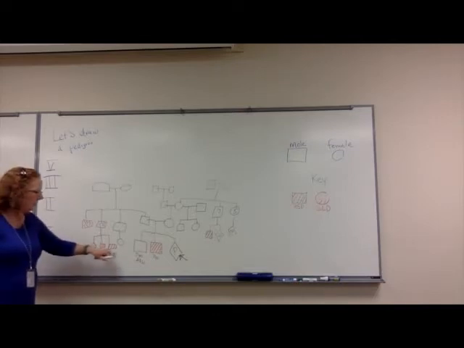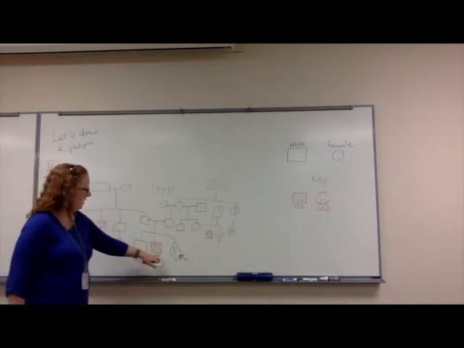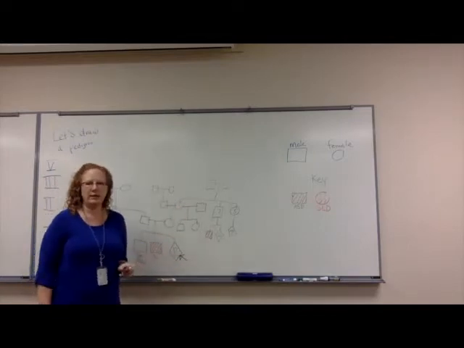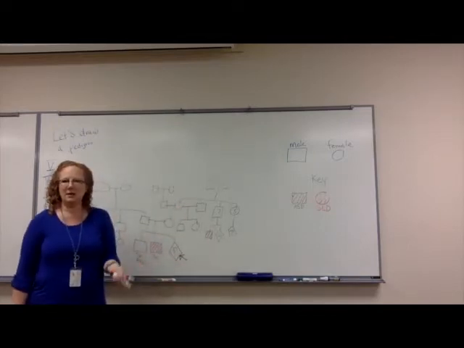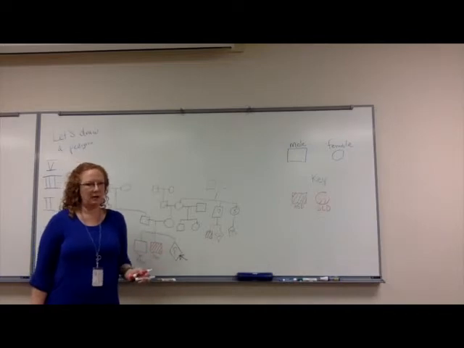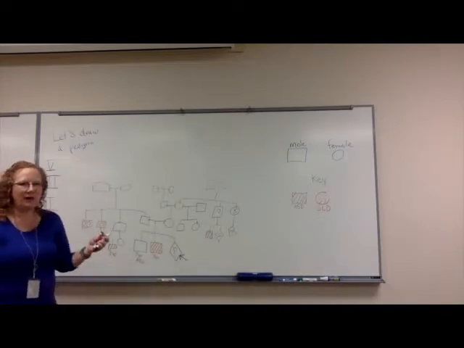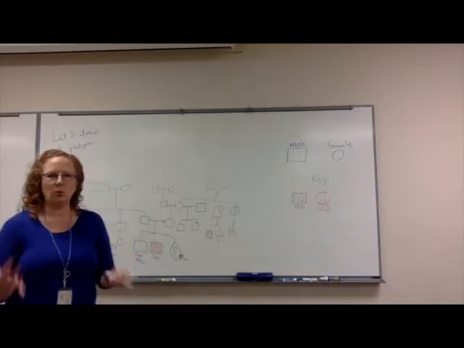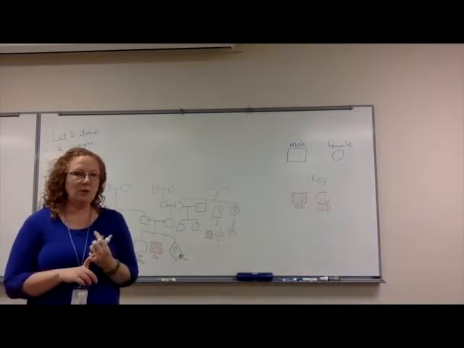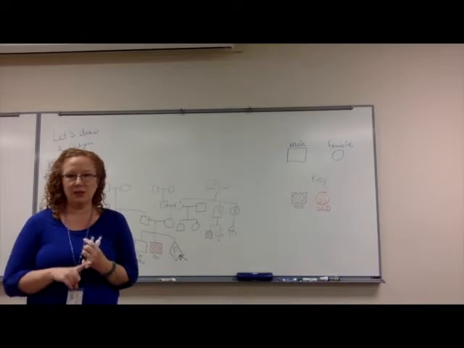So even though we only saw autism in the youngest generation, it doesn't necessarily mean that it's the only thing that's occurring. Okay. When we do this, it helps us to evaluate whether a disorder is autosomally related, meaning it's a non-sex gene.